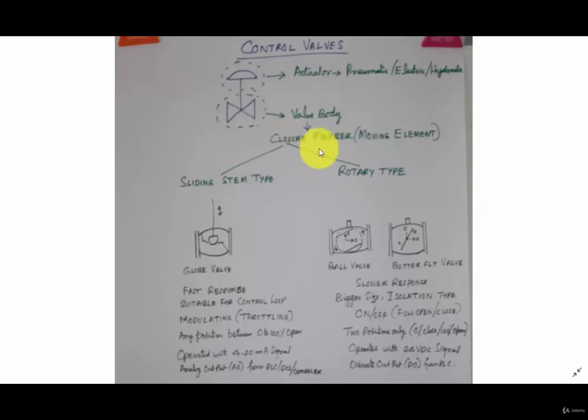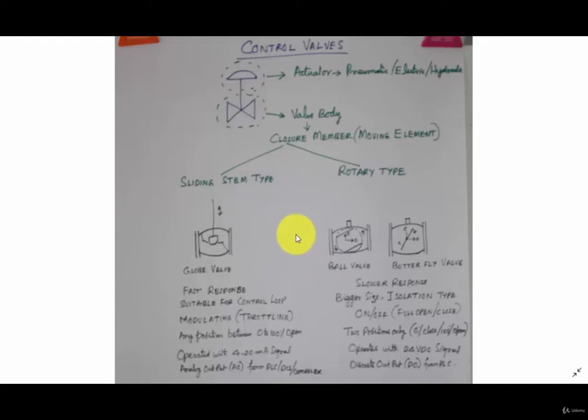Based on the closure member, there are mainly two types: sliding stem type and rotary type. Sliding stem type means, as the name suggests, it is sliding up and down, going up and coming down. Rotary means something rotating inside the valve body. That may be a ball-like structure or a disc-like structure.